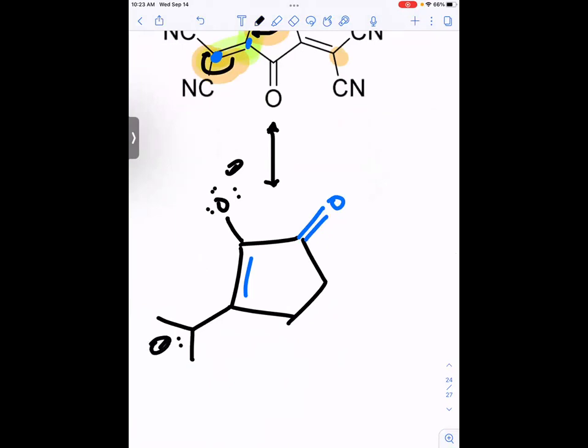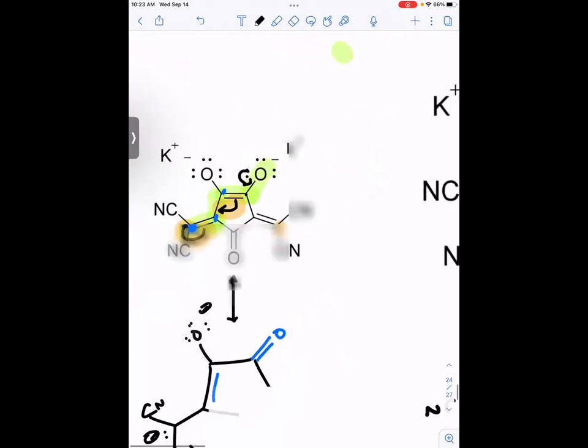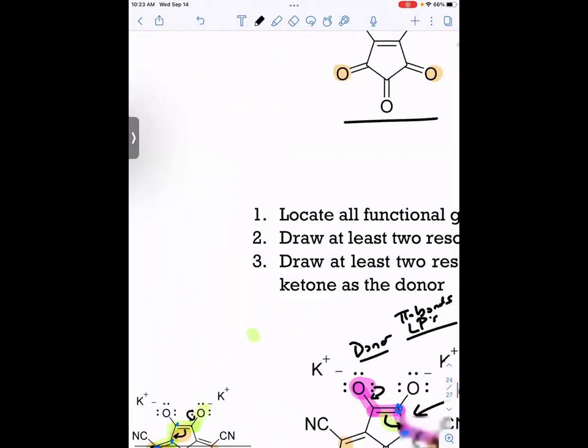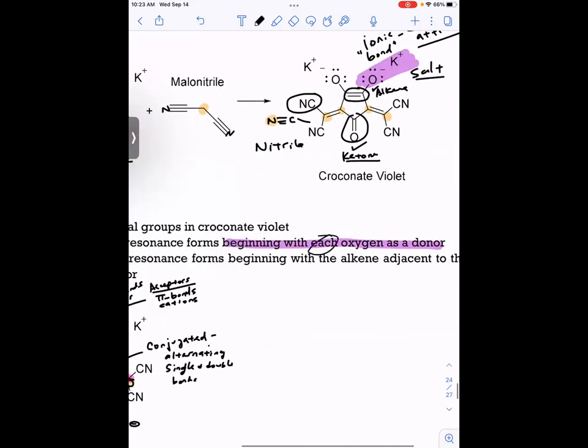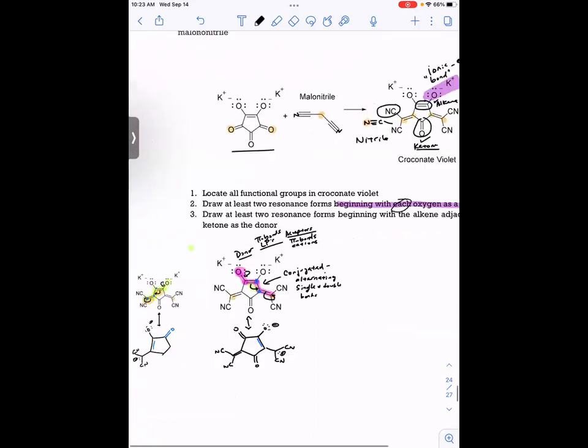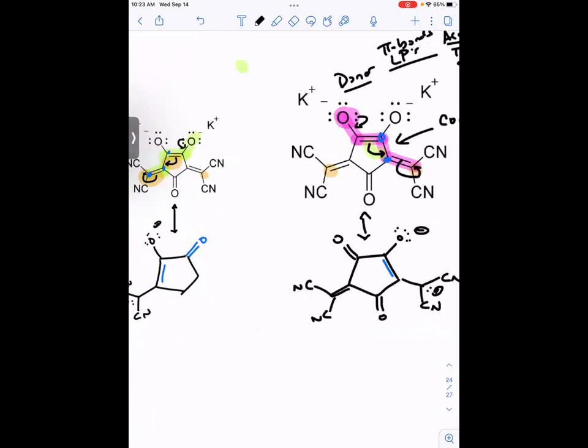We could either go from the left or from the right. Yes, because let's go back up to the question. The question said to draw at least two resonance forms beginning with each oxygen as a donor. So we started with one, and now we're showing the second resonance form with the other oxygen. So to answer that question with a short answer, yes, both are correct.